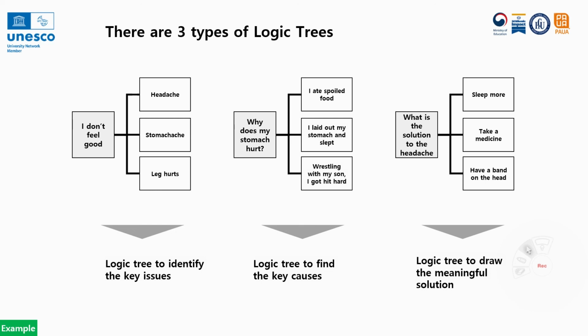So those 3 potential solutions look mutually exclusive of each other, and if the solution to the headache is one of the branches of the tree, it may cover 80 or 90% of the solutions, and this logic tree is quite okay, even though it's not perfectly collectively exhaustive.